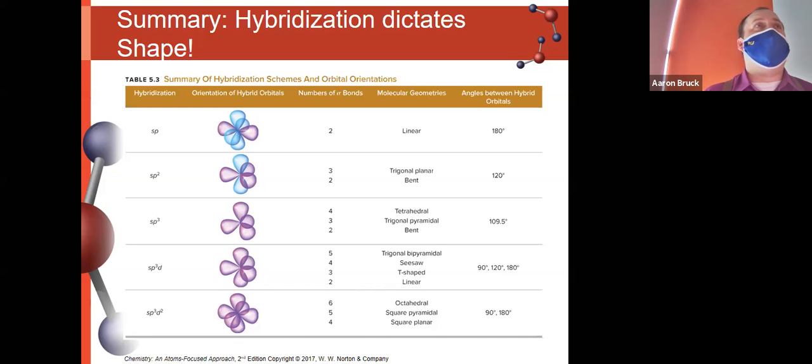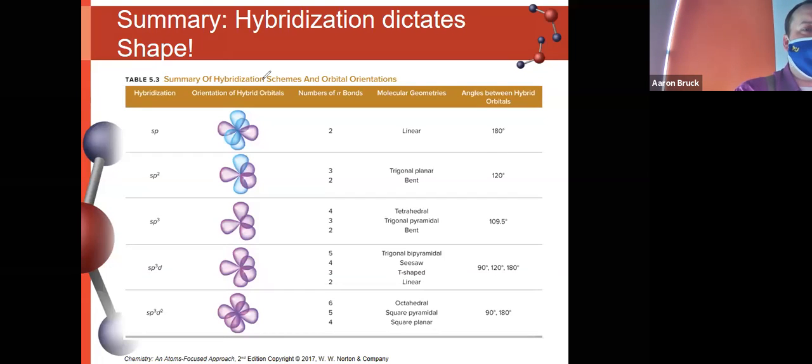The wonderful thing about this table is it is part of your test materials for any Chapter 5 concept. So your Chapter 5 quiz, your second exam, this will be provided to you in some form or fashion. But what I want you to look at is, again, to think about this in terms of complementary parts.